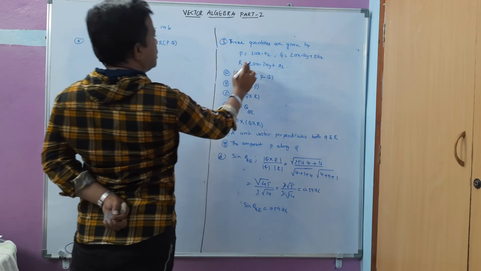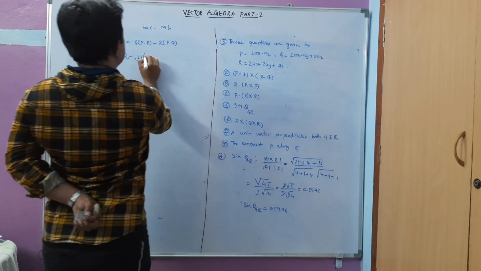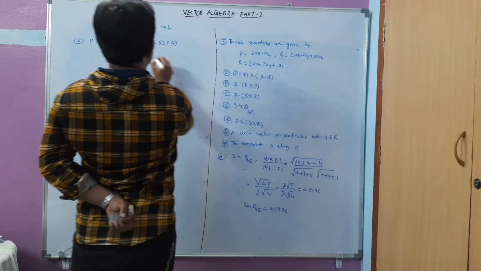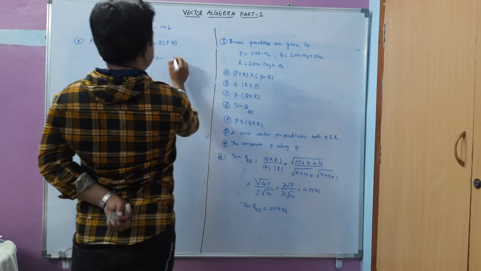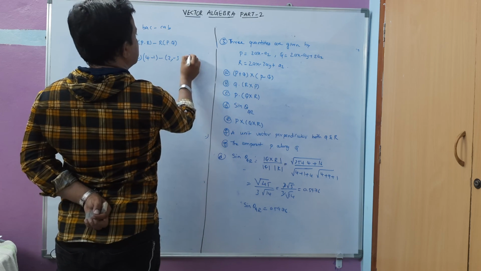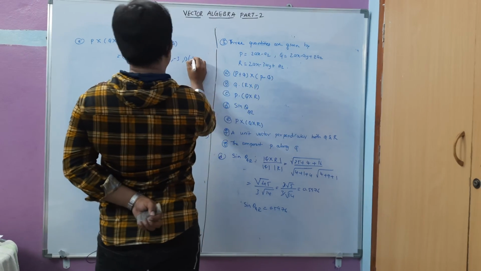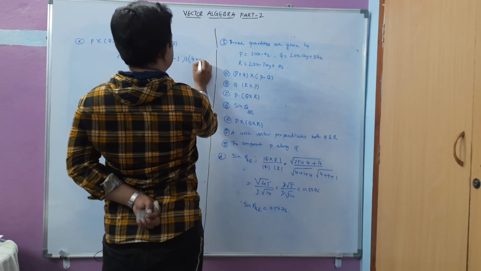P dot R, already we have done. That is 4 plus 0 minus 1... R here is 2 comma minus 3 comma 1. P dot Q means 2 into 2, 4, minus, we don't have a y term here, plus 0.